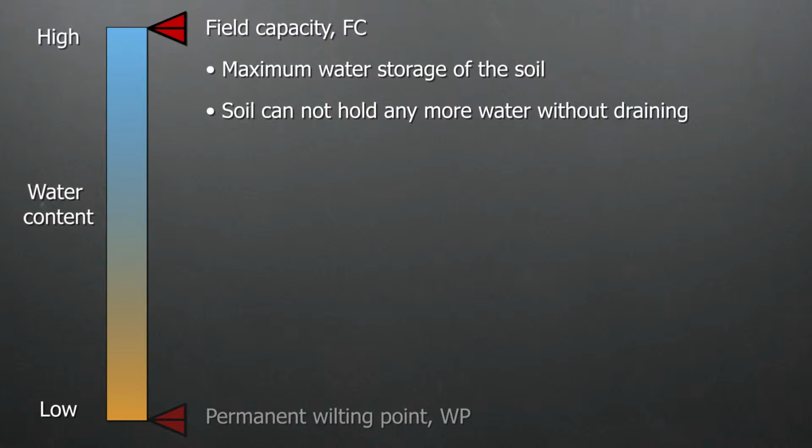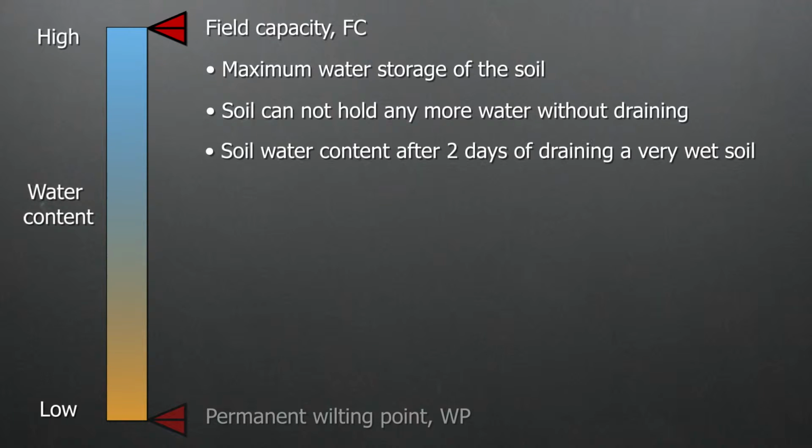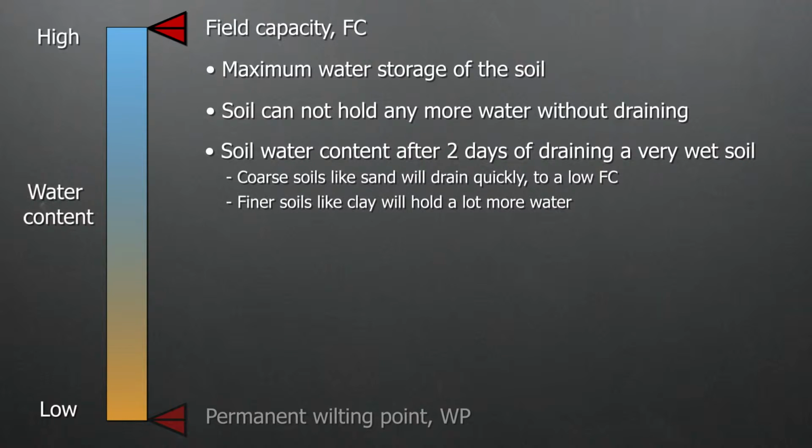In soil science, it is often defined as the water content after 2 days of draining a very wet soil. Typically, coarse soils like sand will drain quickly to a relatively low field capacity, while much finer soils like clay will hold a lot more water.